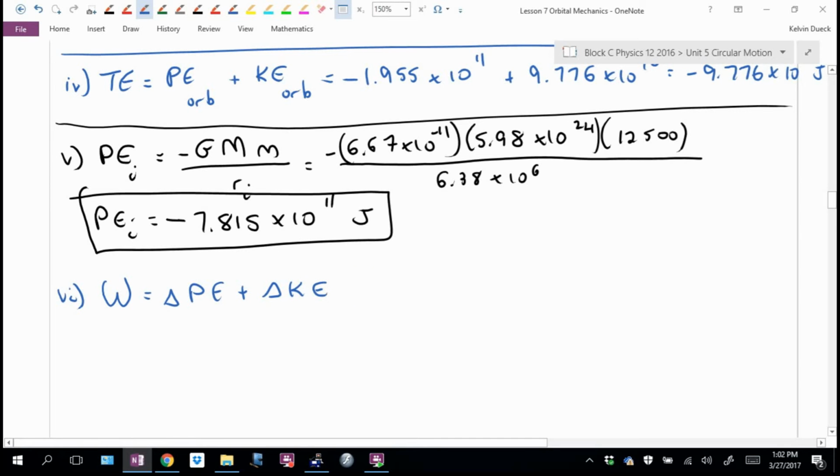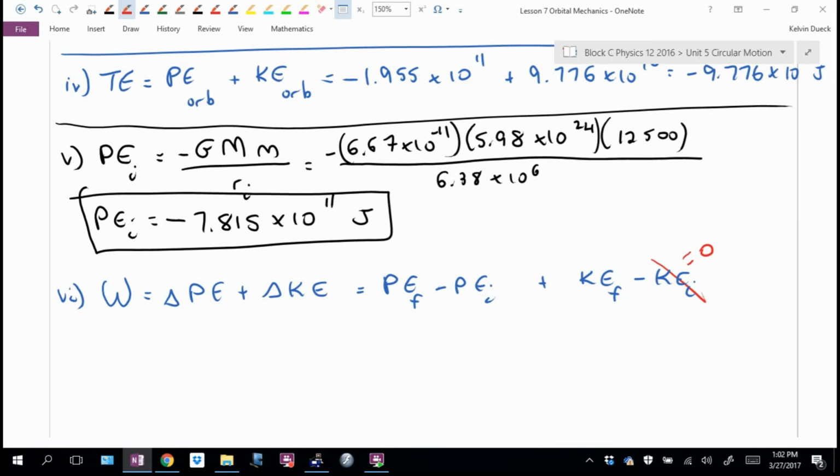Anything? It's going to be PE final minus PE initial plus KE final minus KE initial. Now, when we're launching into outer space, we said we're going to assume we're launching from the North Pole unless the question says different. Assume you have no initial kinetic.